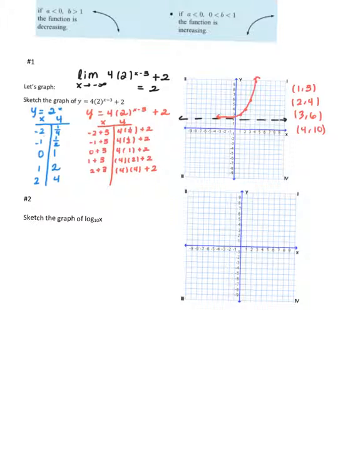If you wanted to just double check and make sure, remember the process of finding an inverse. To find an inverse, you switch the x and the y's, and then you solve for y, right? And to get rid of the base 10, you have to do log base 10 on both sides.